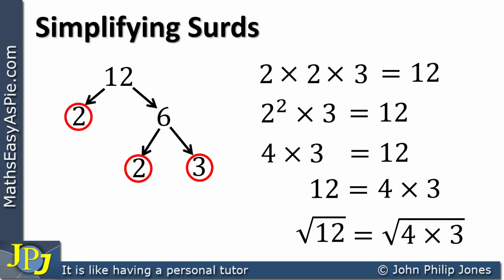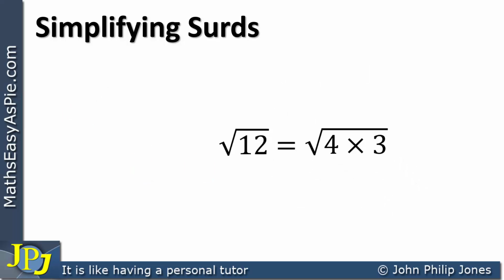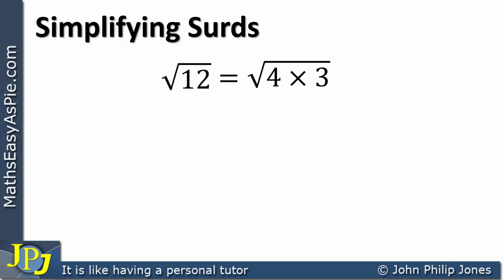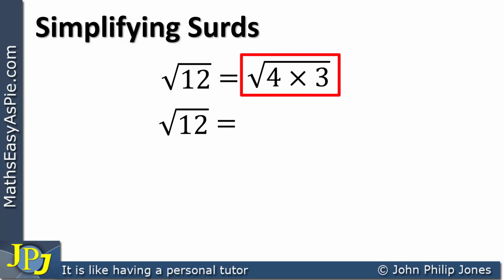I'm going to continue the workings on the next slide, and you can see I can write the square root of 12 is equal to, and I can split this root up as follows. I can write the square root of 4 in its own root sign, under its own root. I can bring the multiplication to this point and not have it under a root.